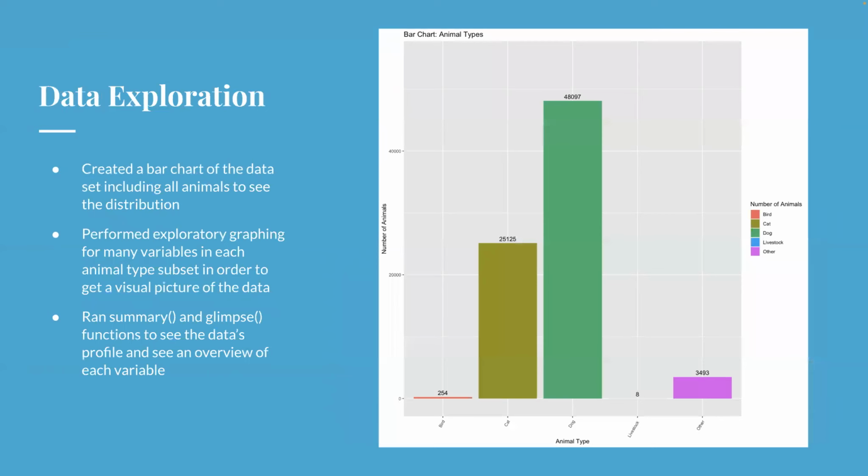So for the data exploration, I created bar charts of most of the data and the subsetted data. I subsetted by animal type, and then I did some exploratory graphing for each of the animal types. I ran the summary and glimpse functions to see the overview of each variable.